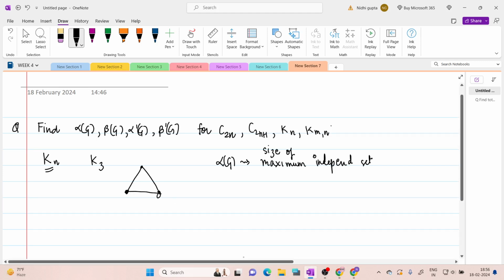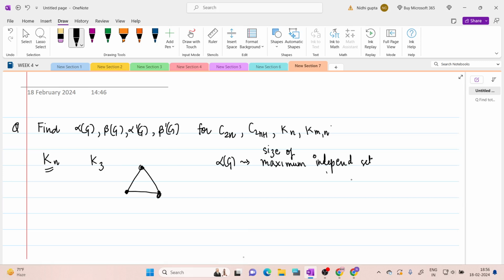Do you understand the definition of a maximum independent set? First of all, an independent set is basically a set of vertices such that there are no edges between those vertices. So what is the size of the maximum independent set for K3? There is no independent set, ma'am.